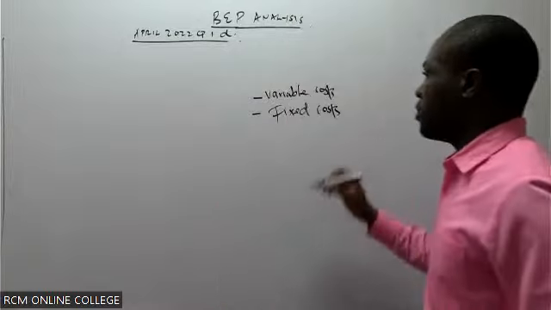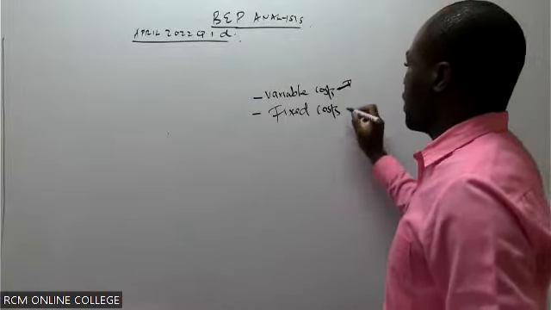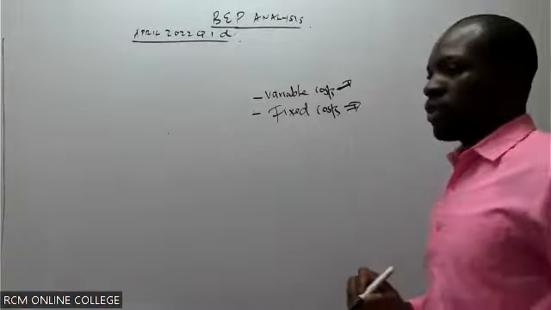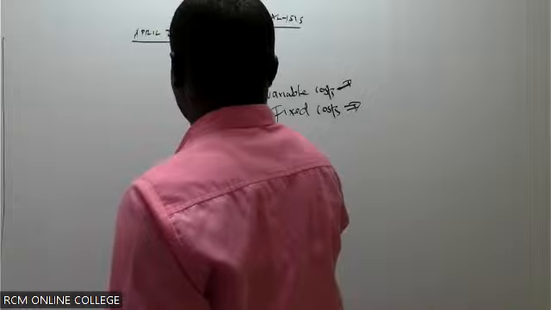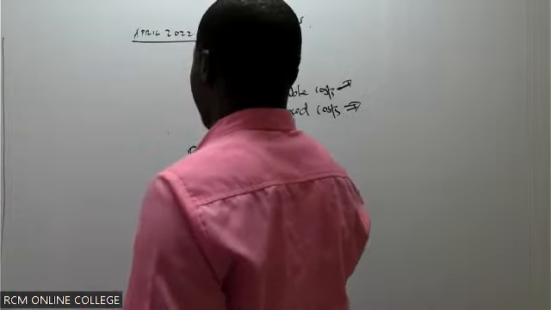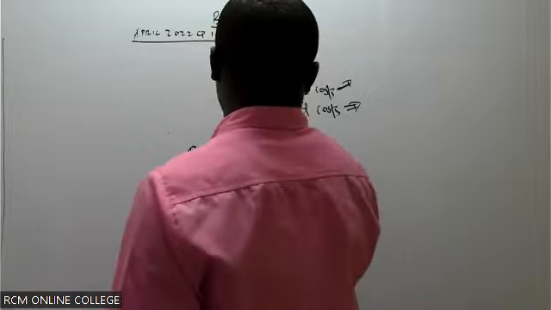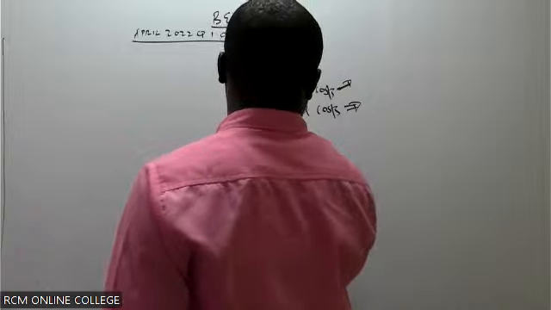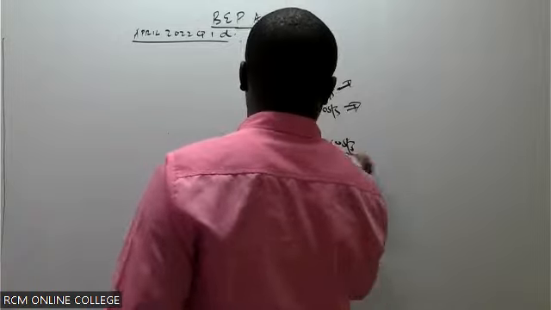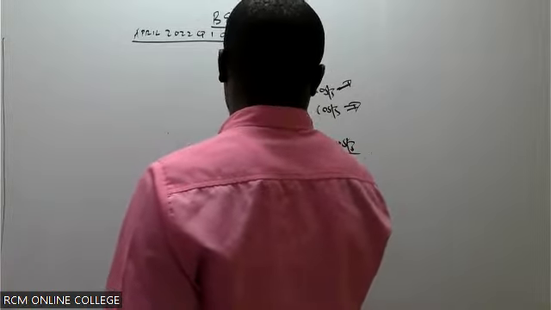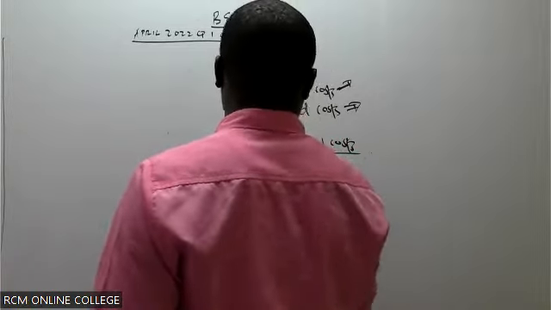So your work is to bring all the variable costs together and all the fixed costs together. Because to get the break-even point, now that we are dealing with multiple products, we need to take total fixed costs, then we divide that by the weighted average contribution margin.